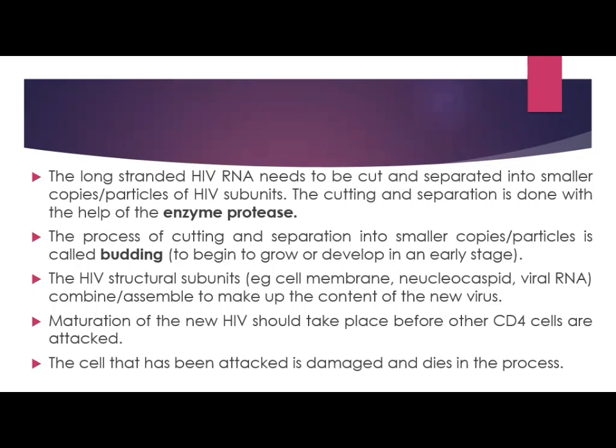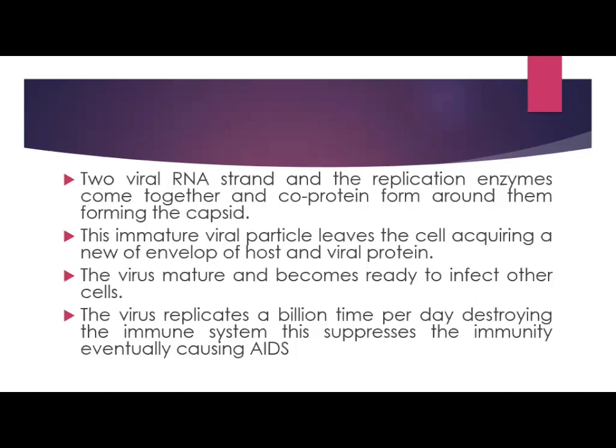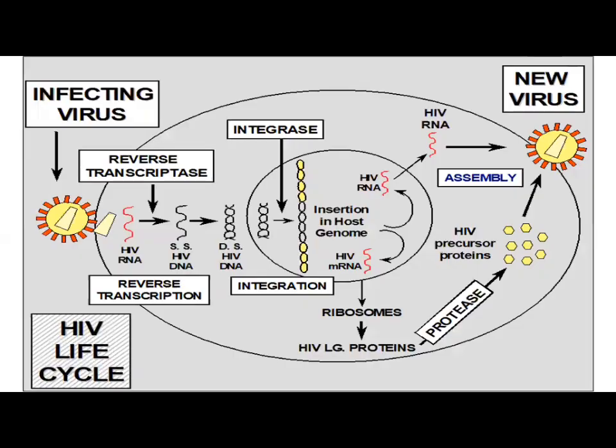Remember, we are saying once these new viruses mature, they have to mature before the other CD4 cells attack. Once they mature, they will cause the cell that they've attacked to be damaged and die. And once this cell dies, it will release thousands of viruses into the bloodstream.